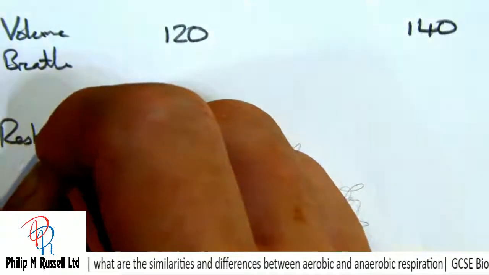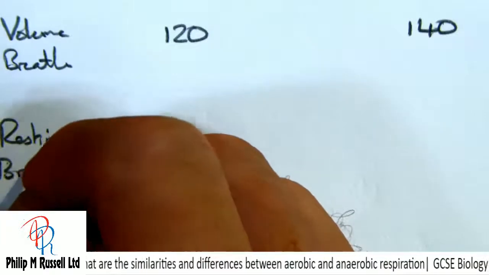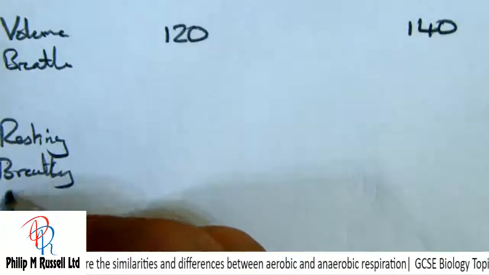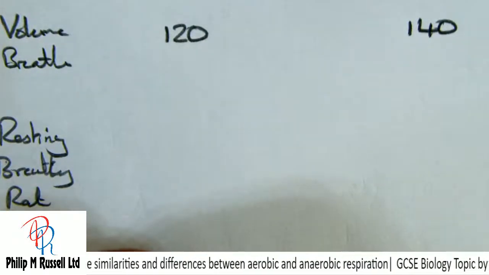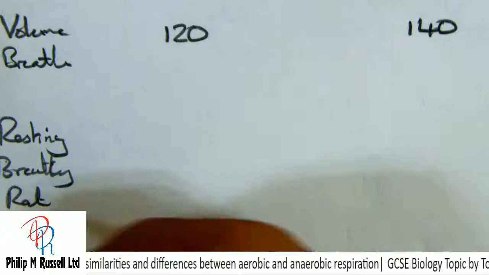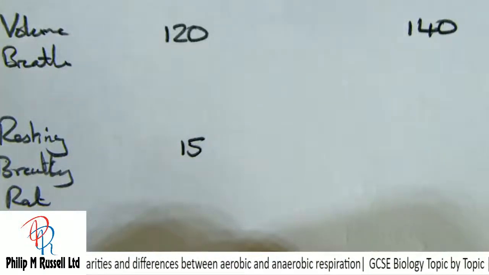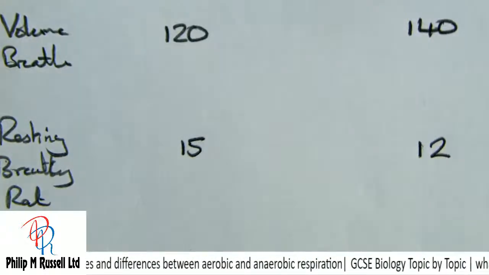We might look at the resting breathing rate. And this person might have a higher rate, 15, compared with the other person at 12.